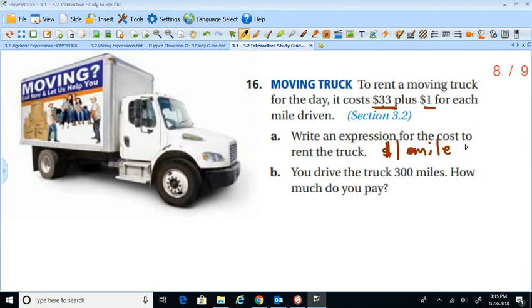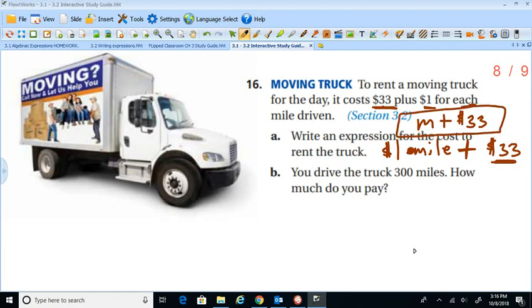Plus, in addition to that, it's going to cost us $33 automatically, whether we drive 1 mile or we drive 500 miles. It's still going to cost us that extra $33. So we know that's our constant. So if it's $1 per mile, I'm just going to call that m, because it's really 1 mile. So $1 times every 1 mile is just 1m, which we know, just write it, m. So it's going to be m plus 33. And this is the algebraic expression.